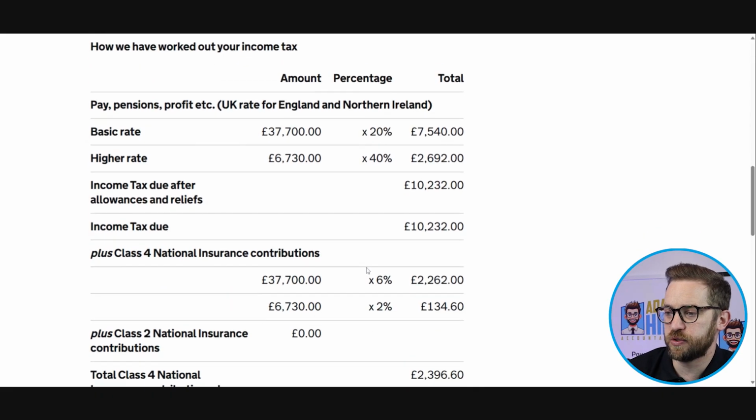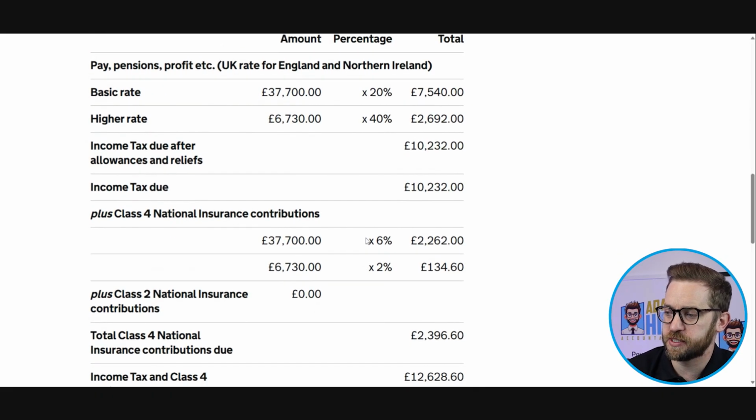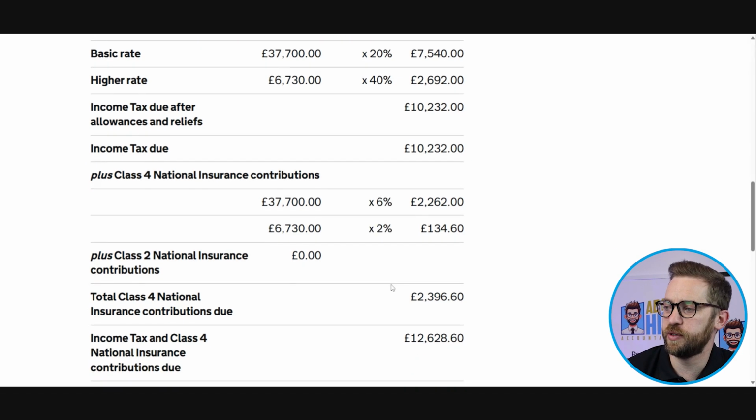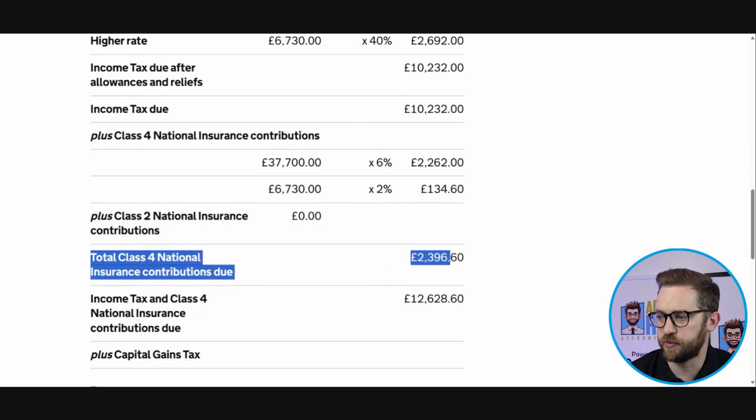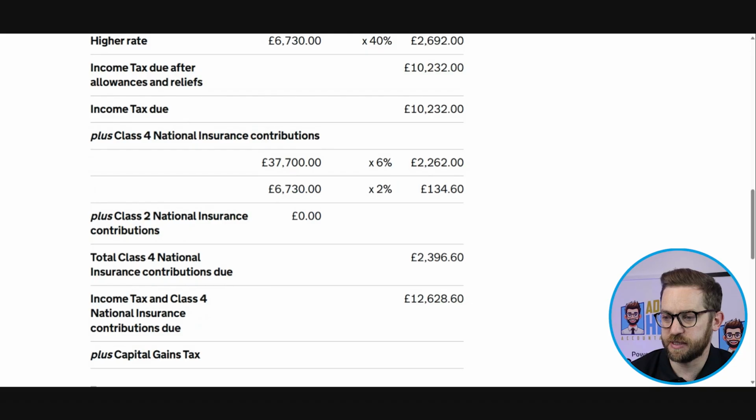The same applies to Class 4 national insurance, which for anything at basic rate is being charged at 6%, and anything over that at 2%. And then if you add the two of those together, the income tax figure of £10,232 and the Class 4 NI of £2,396, that gives us our total liability of £12,628.60.